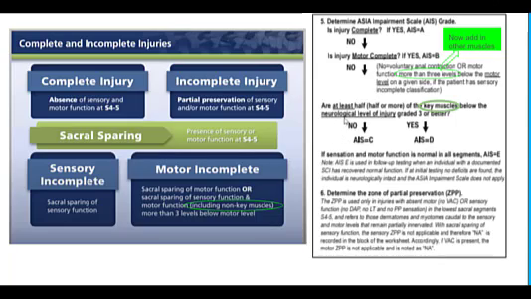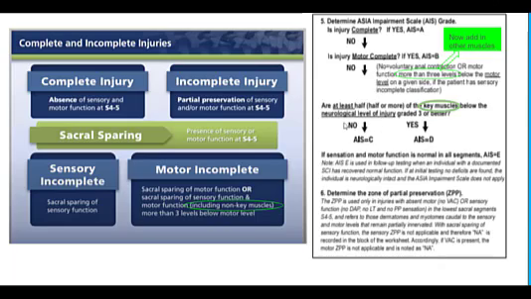Then we're looking to see if there's at least half or more of the key muscles below the neurologic level of injury that are graded a 3 or better. Okay, so you're literally just going to look at your sheet and count up the number of 3s below the level of injury out of the number of key muscles that are remaining.